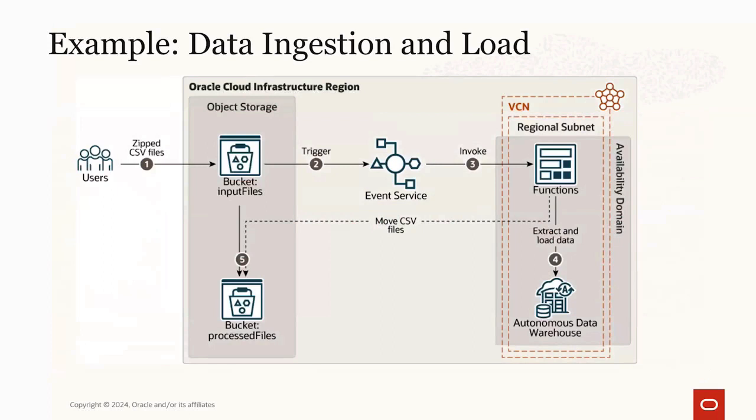This is another example. So we looked at the event service, but this is a use case where maybe users or customers are uploading CSV files to an object storage bucket. Anytime that event occurs, it's going to trigger our function. That function is going to go read the contents of the CSV file, maybe do a little bit of transformation, and then load that into our backend database.